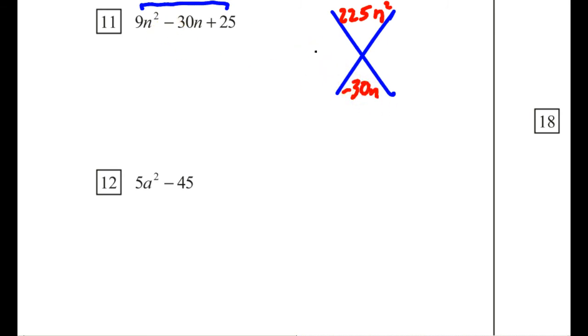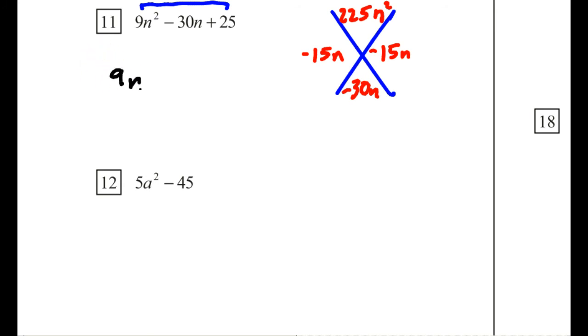After a little bit of work you'll have 15n, both negative, adds to negative 30, multiplies to 225, and you can factor that.